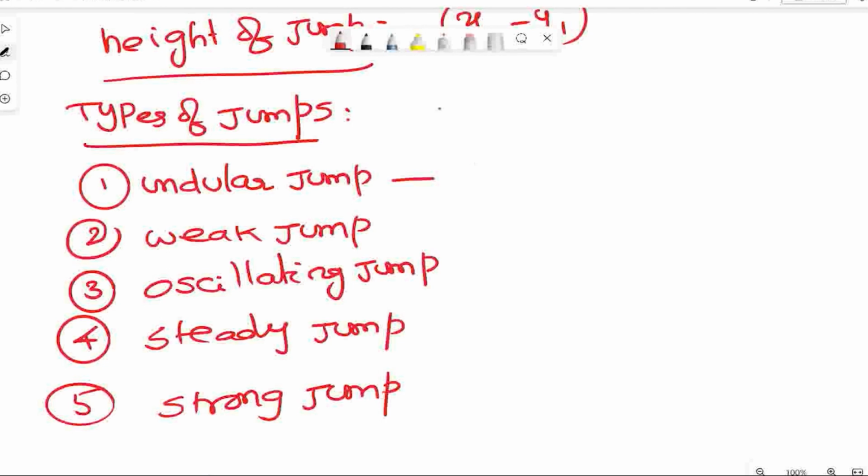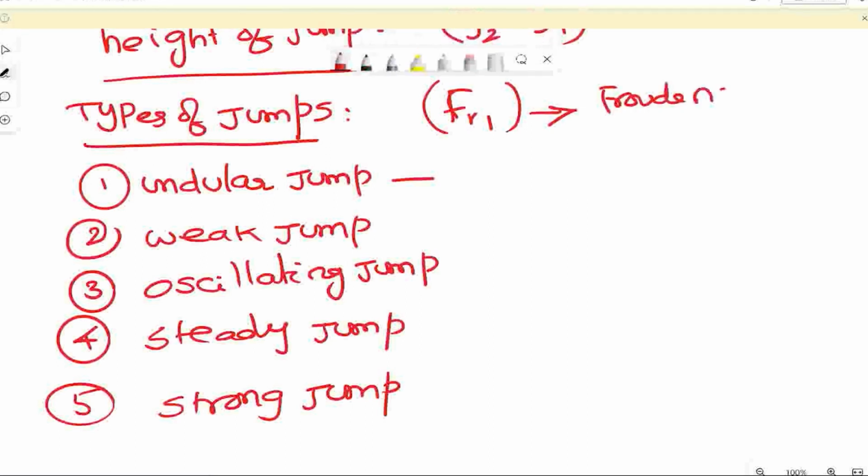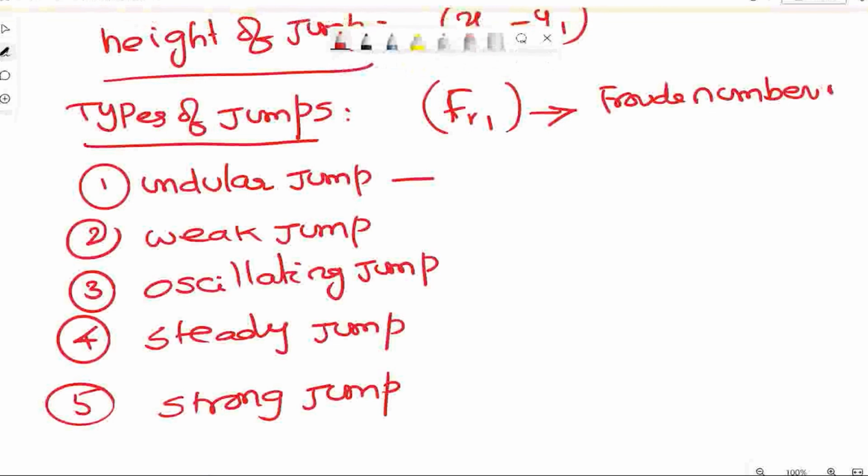Types of jumps are classified based on Froude number 1, that is Froude number of incoming flow. If this Froude number is between 1 to 1.7, we call it angular jump.